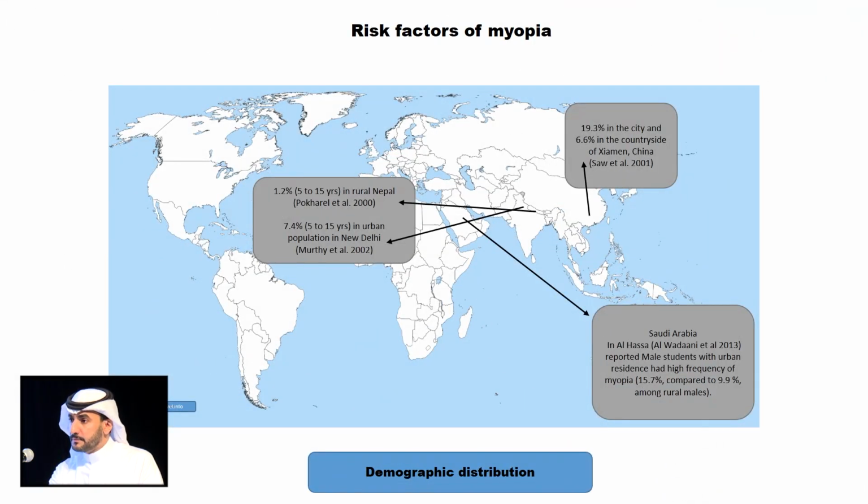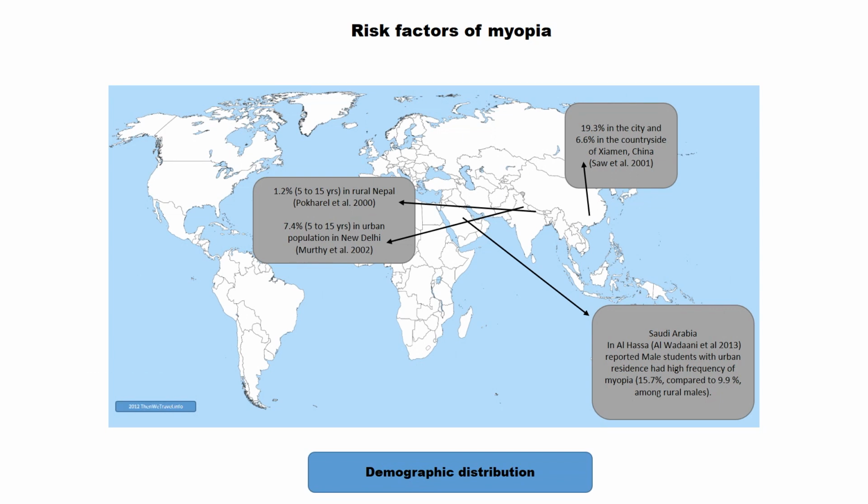We know that children who live in rural areas have a lower prevalence of myopia. In China, they reported that 19% of children who live in the city are myopic, whereas 6.6% in the countryside. In Al-Ahsa, they reported the prevalence of myopia to be almost 16% in urban cities compared to 9% in the rural area.